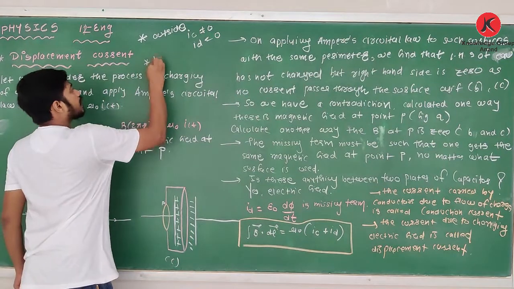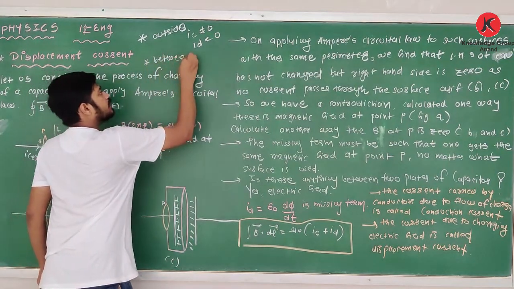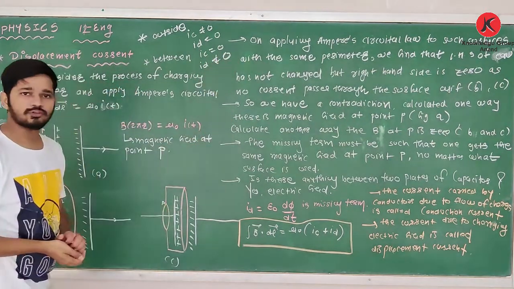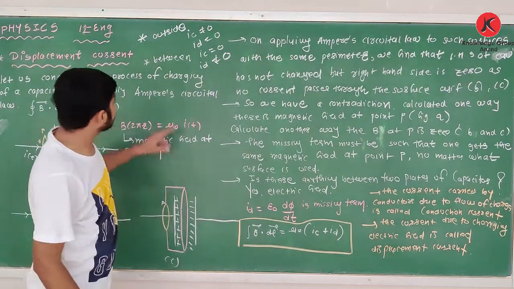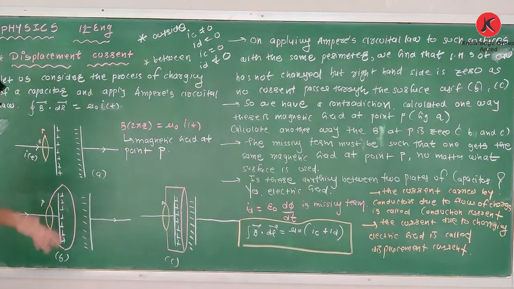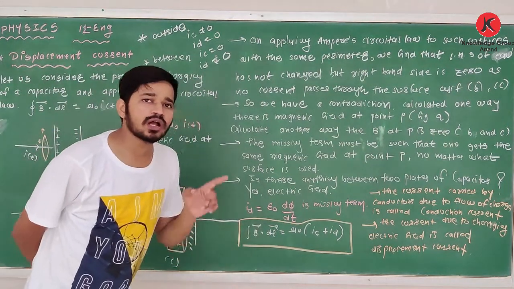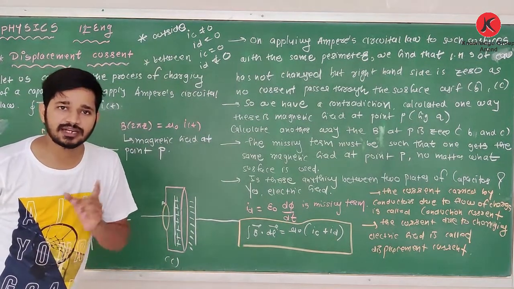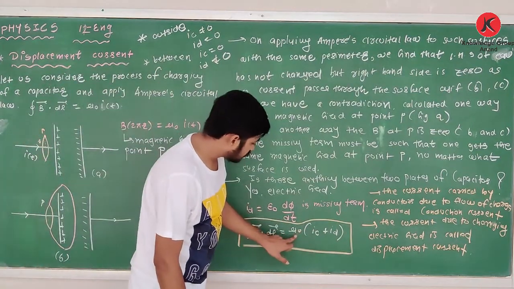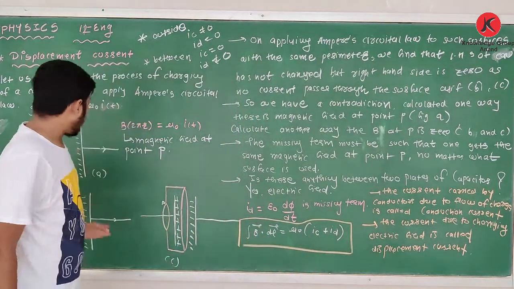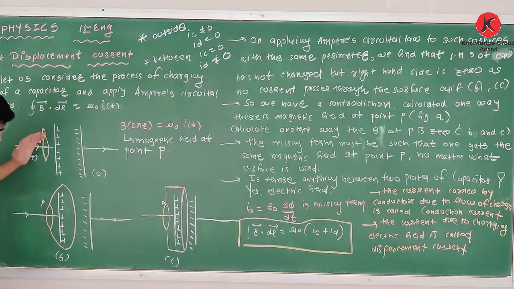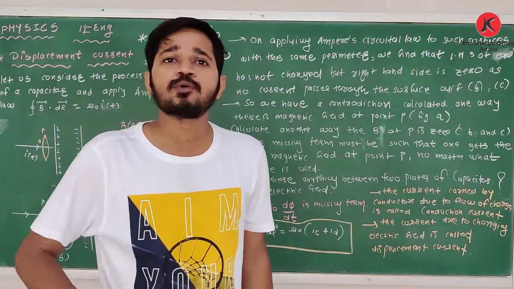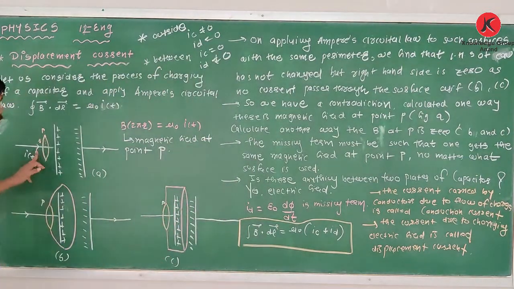But between the two plates of the capacitor, I_C is equal to 0 but I_D is not equal to 0. There is displacement current, so the magnetic field is due to displacement current, that is, the varying electric field. Now if I apply this law to any circuit, we will get some magnetic field at point P in each case.